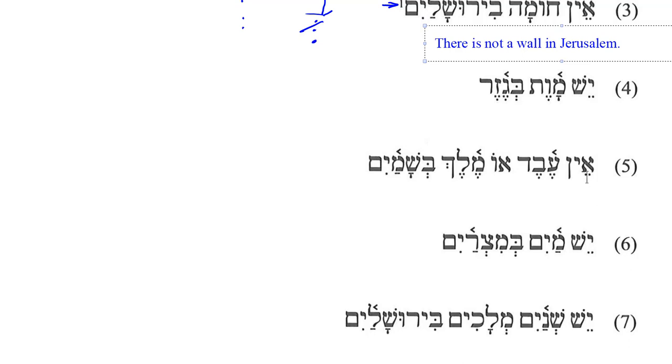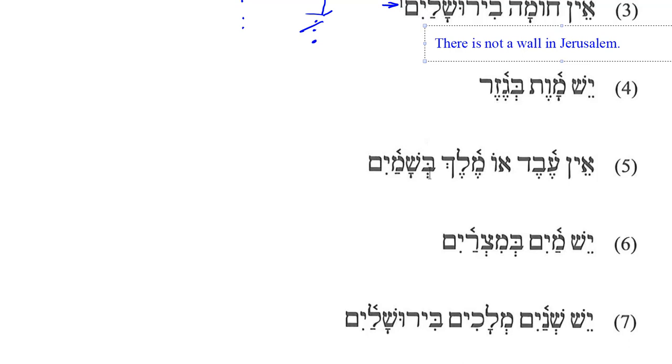Let's look at number 5 here as a compound. We have ein eved o melech b'shamayim. So there is not, and we have eved is servant, o means or, and then melech is king, b'shamayim.